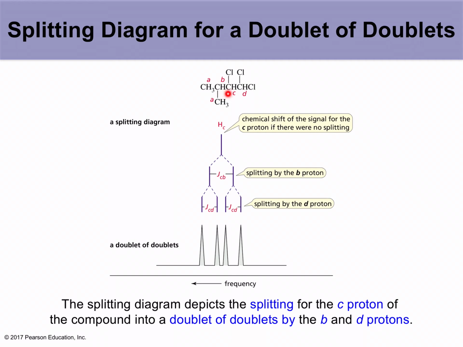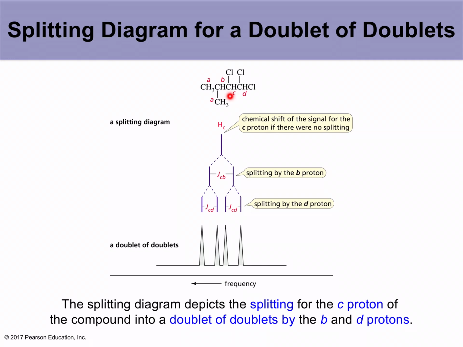These B hydrogens and D hydrogens are not chemically equivalent, because this carbon carries 2 chlorines and this carbon carries 2 methyl groups. So the B and D hydrogens are not the same.